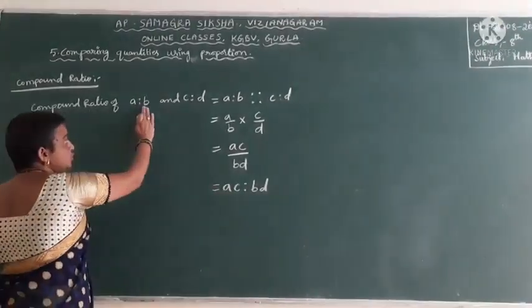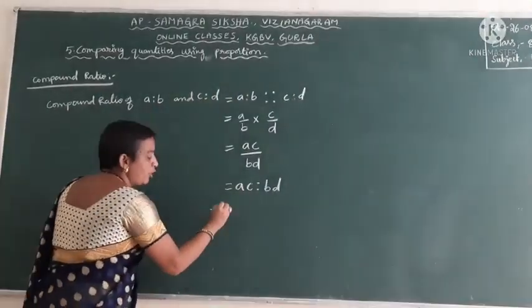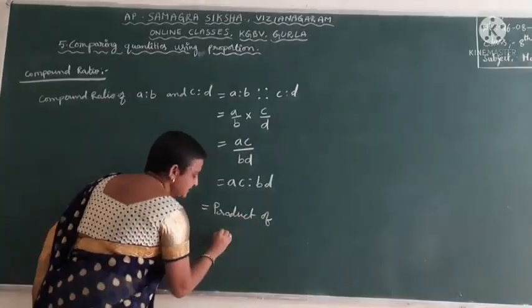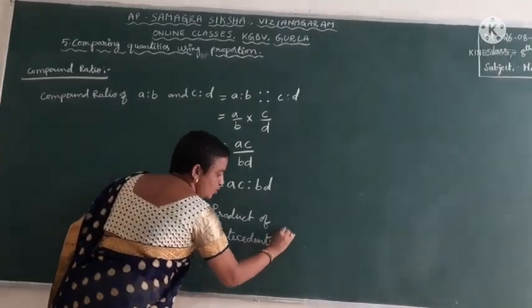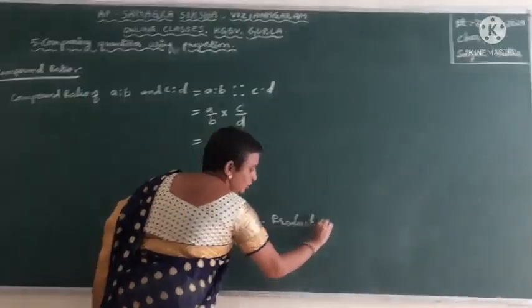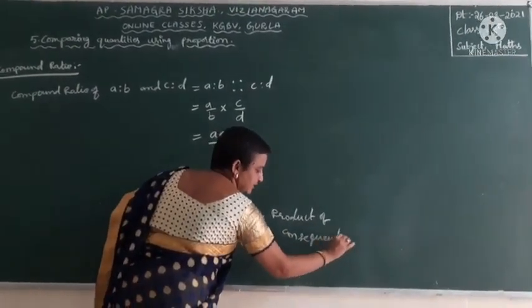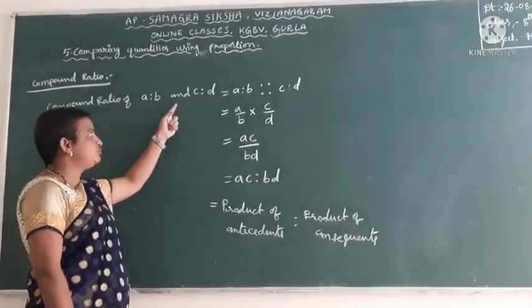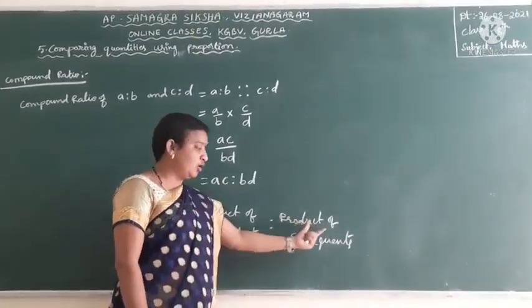So the compound ratio of A is to B and C is to D is equal to the product of antecedents to the product of consequents. Okay, children.